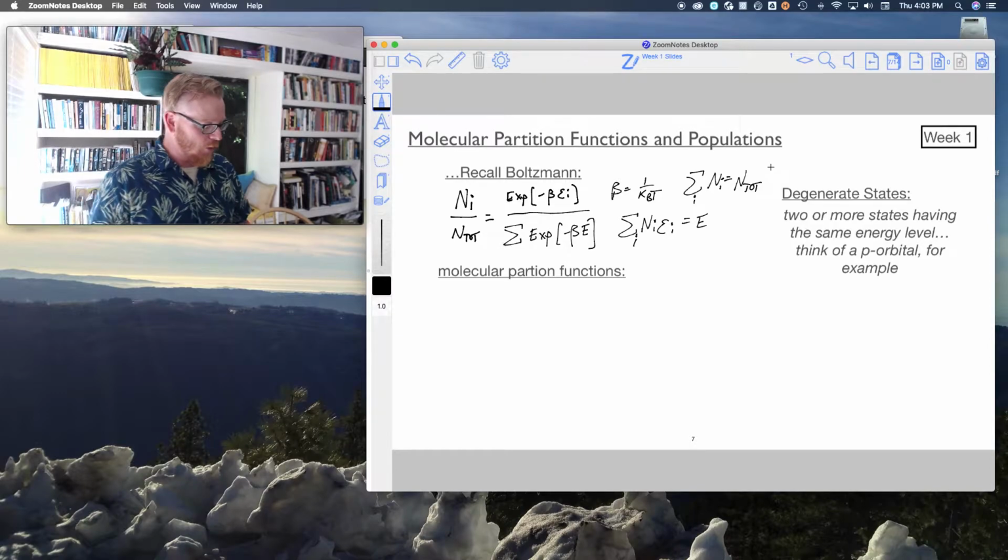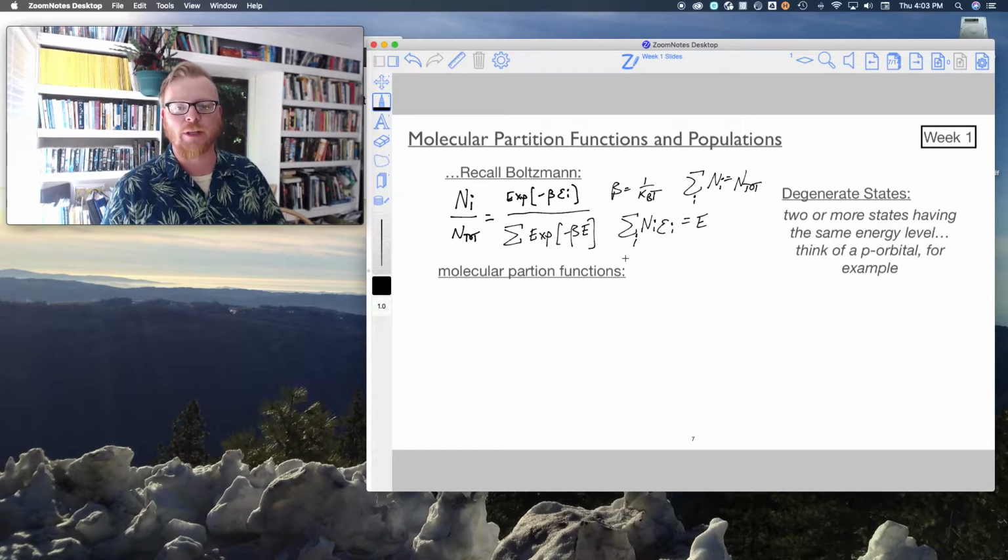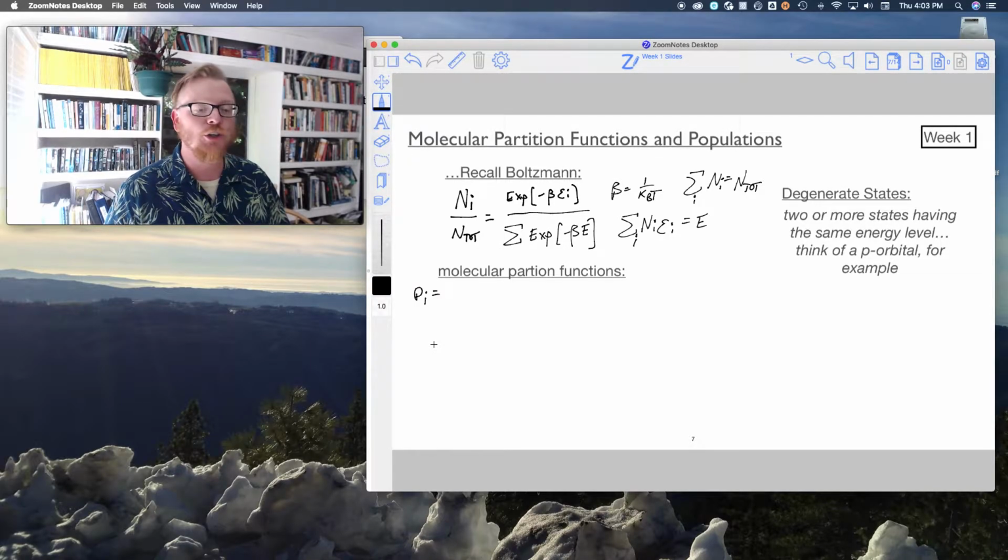So now I'm going to write here the molecular partition function, which is going to be based off of this Boltzmann distribution. I'm going to write that as little p sub i. And so this p_i is the fractional population of state i. So it's basically the same thing as this, or really you could think of them as a decimal percentage, if you will, not a fraction.